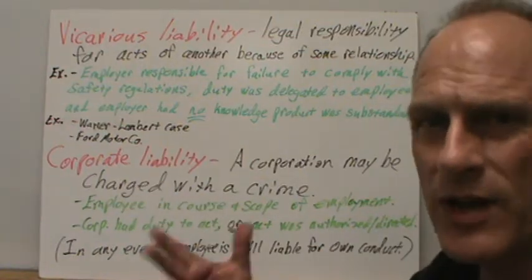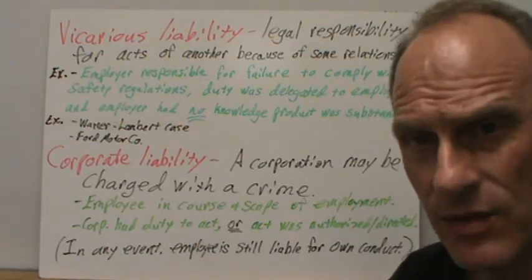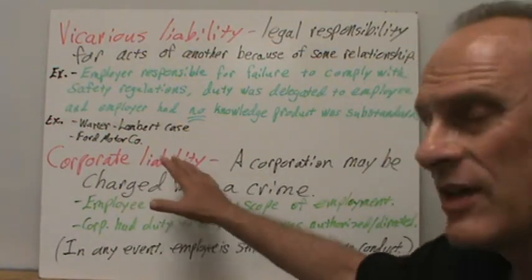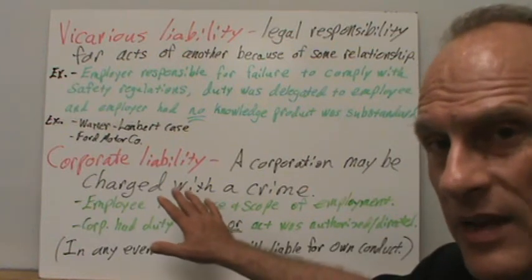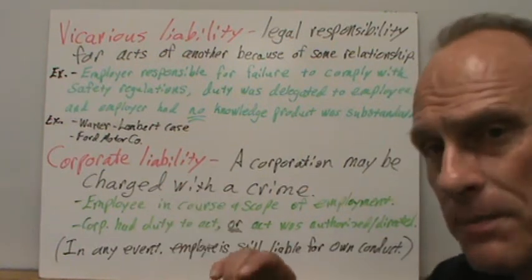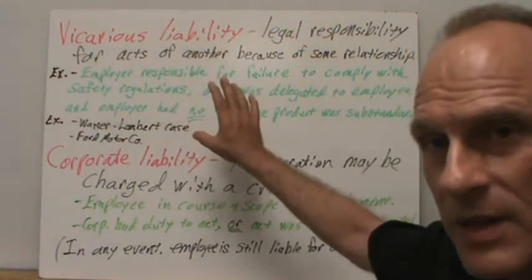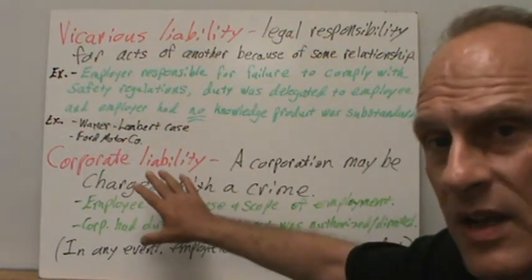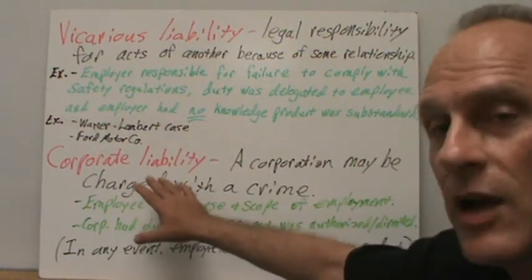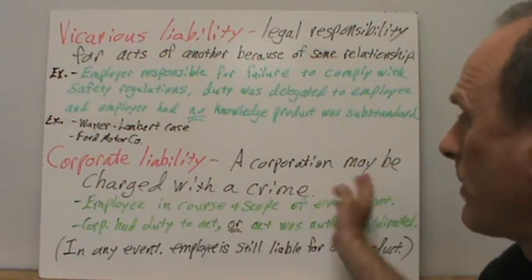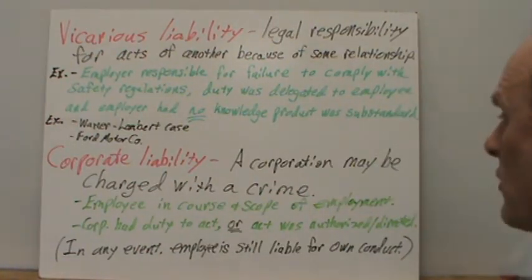Well, you say, yeah, it was because they made their decision through the agents. Well, that's where the corporate liability comes in. So it depends on vicarious liability, and in some cases, that superior happens to be a corporation. And so, yes, a corporation may be charged with a crime.